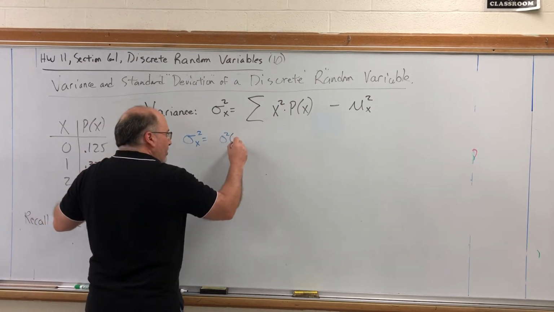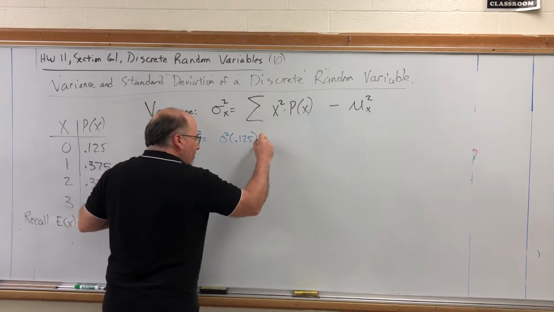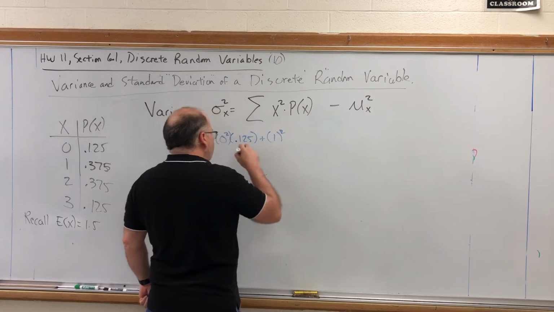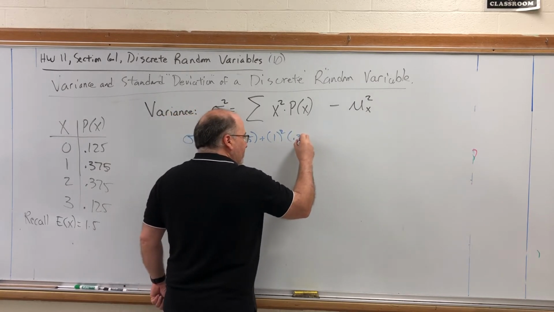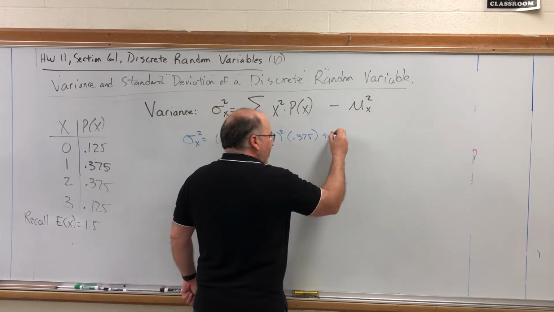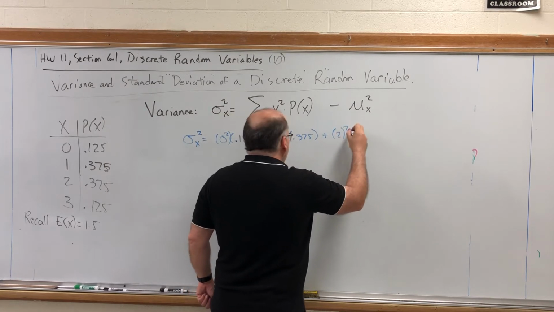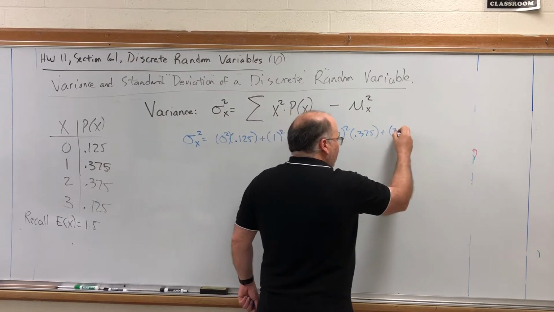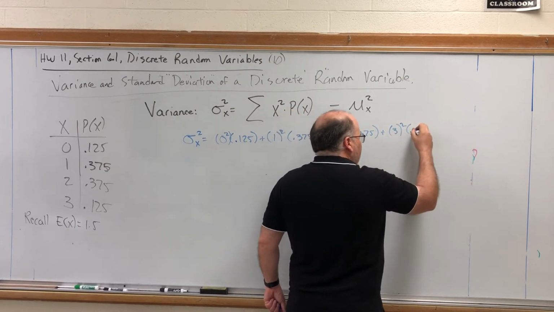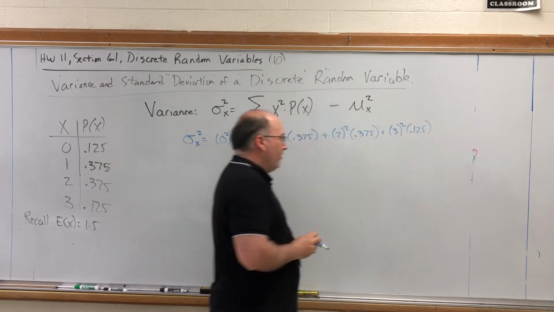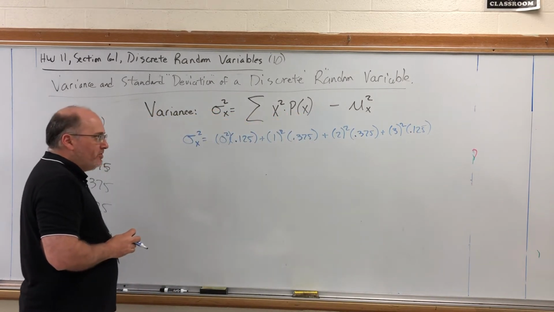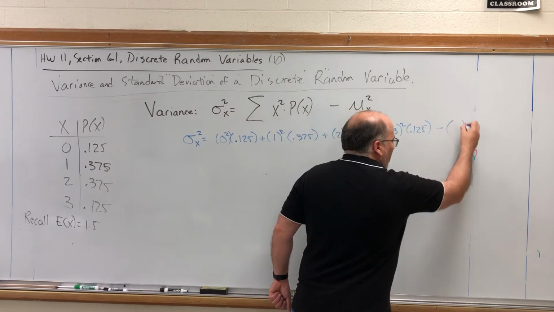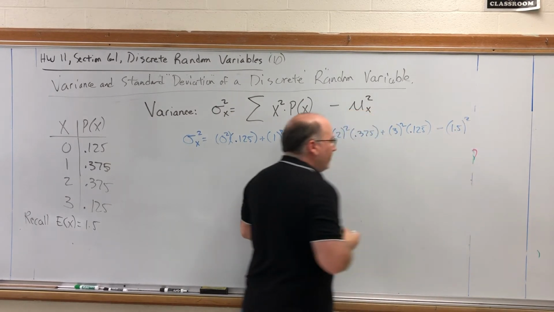So 0 squared times 0.125 plus 1 squared times 0.375 plus 2 squared times 0.375 plus 3 squared times 0.125. So the sum's a little bit easier to set up, and we just do one subtraction problem. We subtract the square of the mean, which was 1.5.